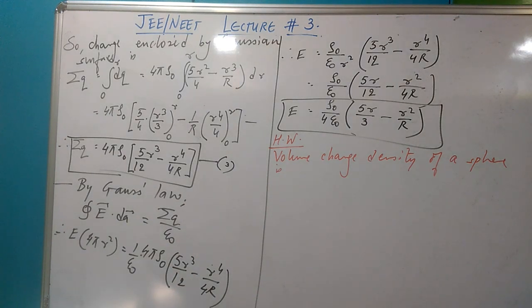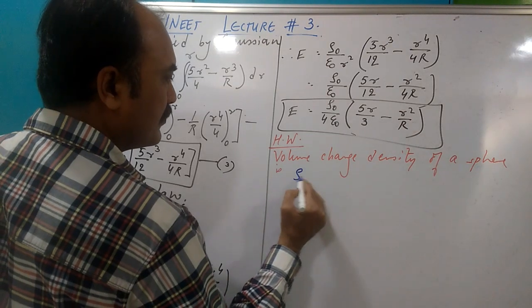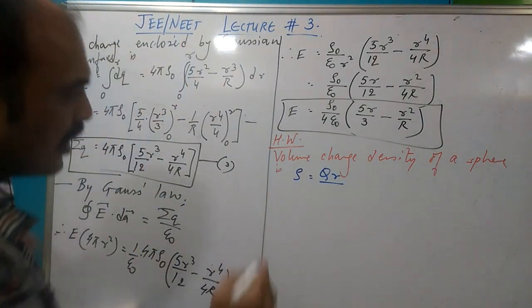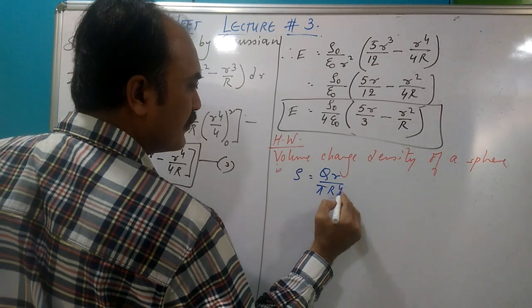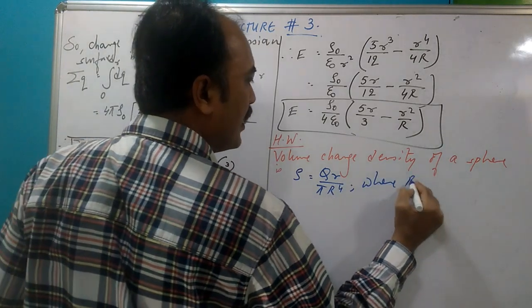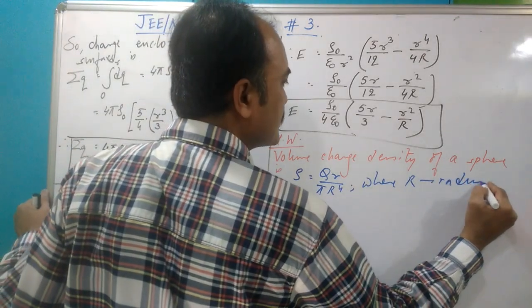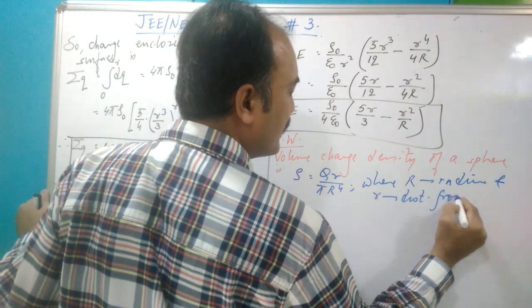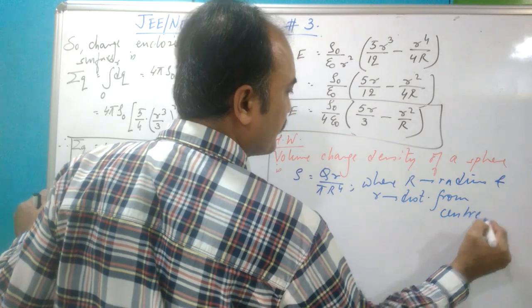The volume charge density was given as Q r by pi R raised to 4, where R is the radius and small r is the distance from the center.